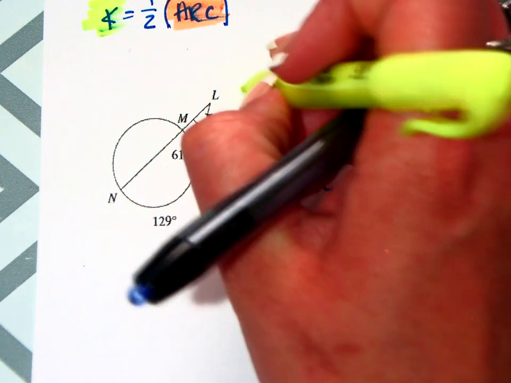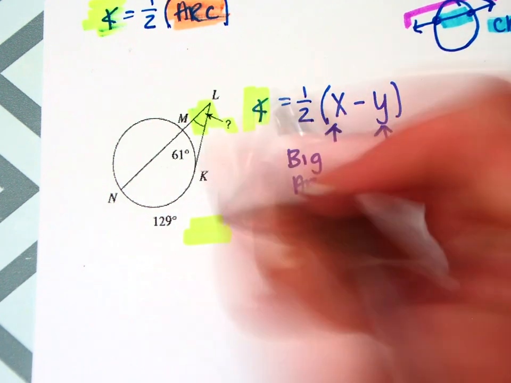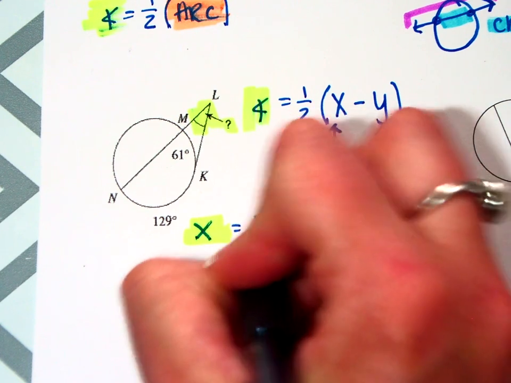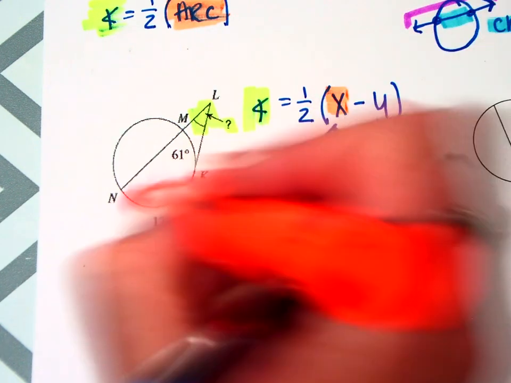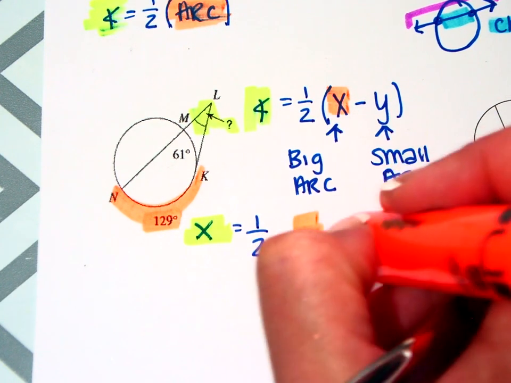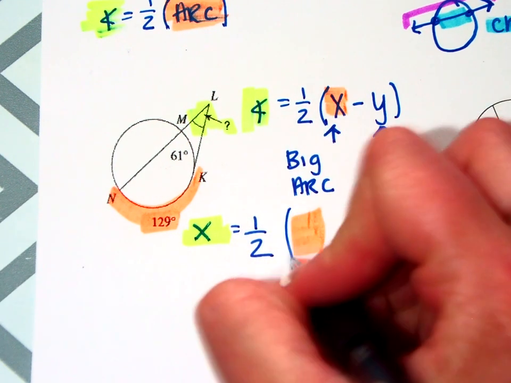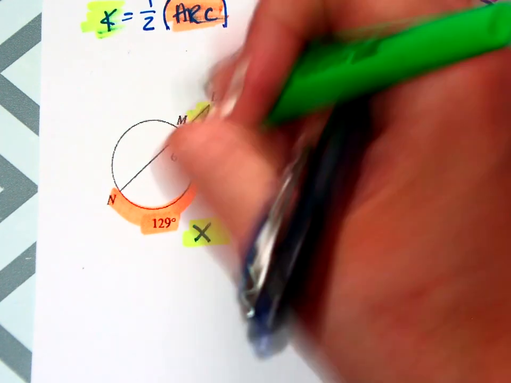So for this problem, my angle is still my question mark. I don't know what x is. Equals 1/2. In this problem, my x value is going to be the arc that is furthest away. So I'm going to use 129 as my x, and then I'm going to use 61 as my y.